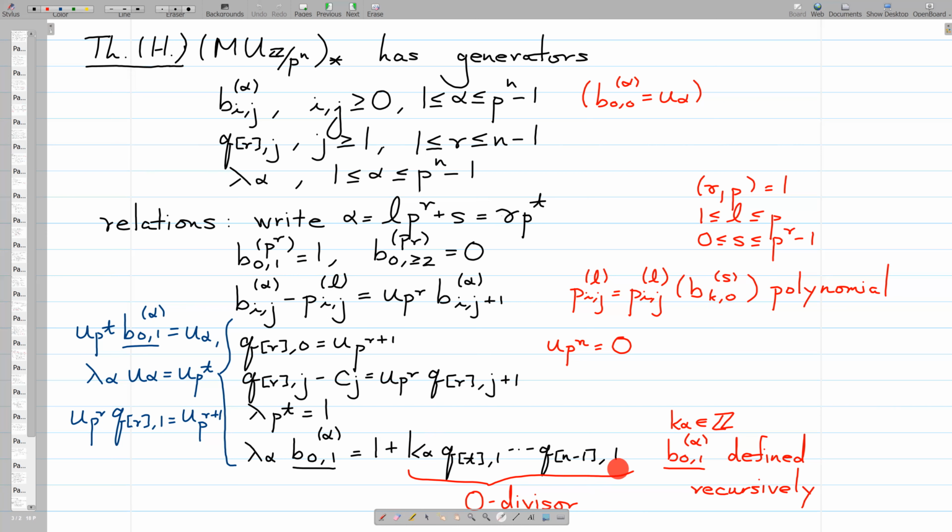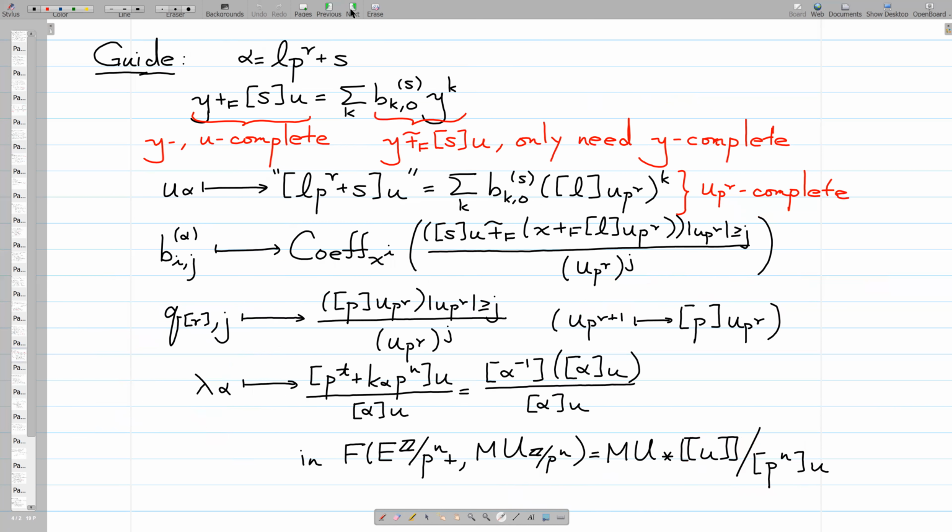If you multiply UPT to it, this term becomes 0. So again, lambda alpha is an approximate inverse to this underlying B01 alpha. That's not quite the B01 alpha itself, because the B01 alpha, you're actually peeling off more. But I only have about 2 or 3 minutes left.